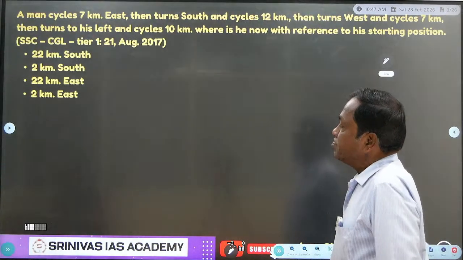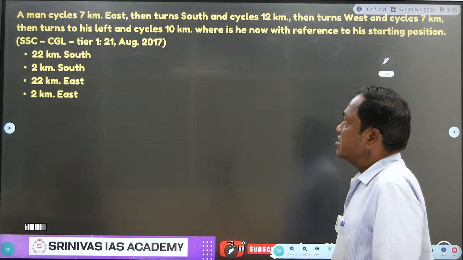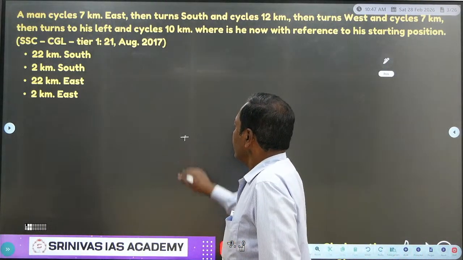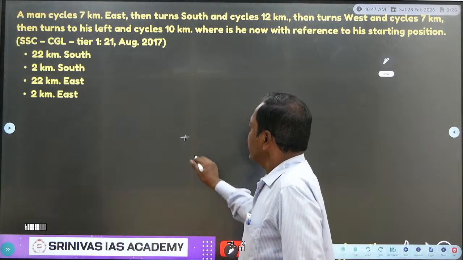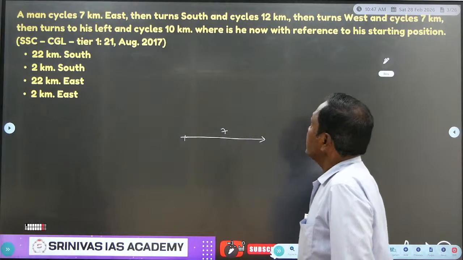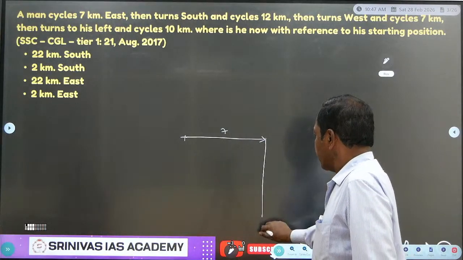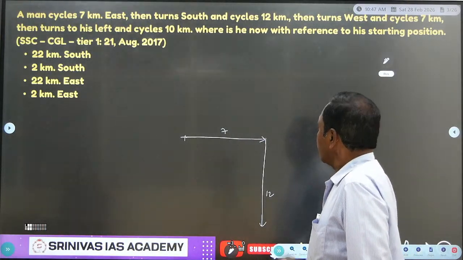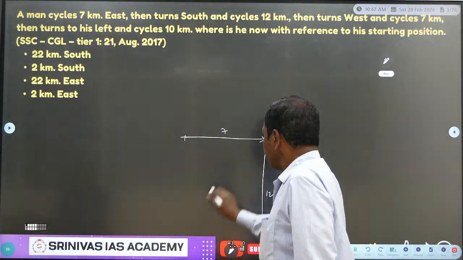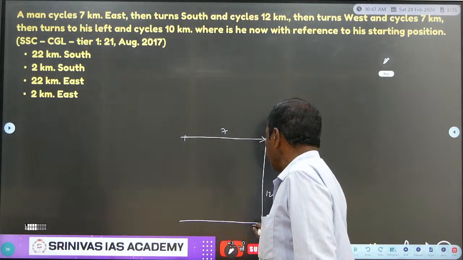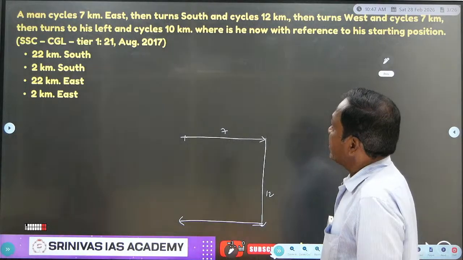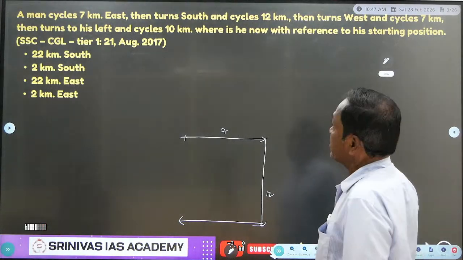Next. A man cycles 7 kilometers east. Turns south and cycles 12 kilometers. Then turns west and cycles 7, which means we have to reach here in a parallel way. Then turns to his left, downward.